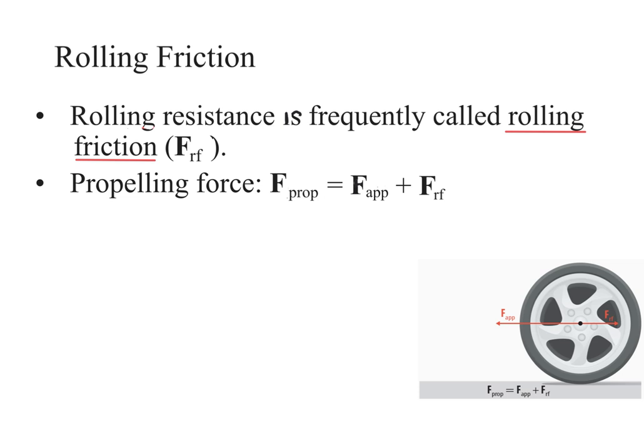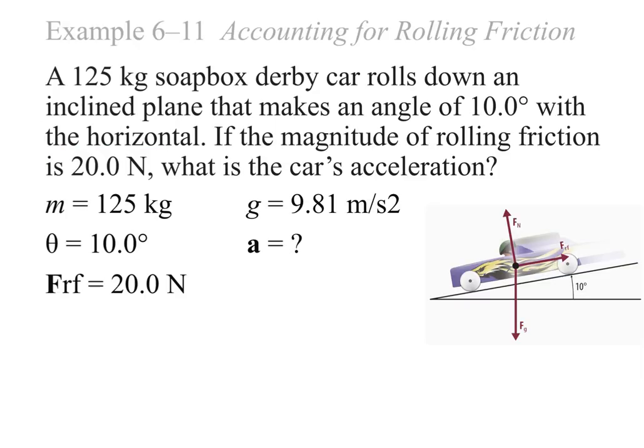What you'll notice about the diagram down here is the applied force is going one direction, the rolling friction is going the other direction. So it's working against the applied force. So as the tire is trying to move, the friction is actually pushing the opposite direction. And of course, you don't want more friction than you're applying, or again, we're going to have balanced forces. But that's what your propelling force is, and that's how it's moving the vehicle.